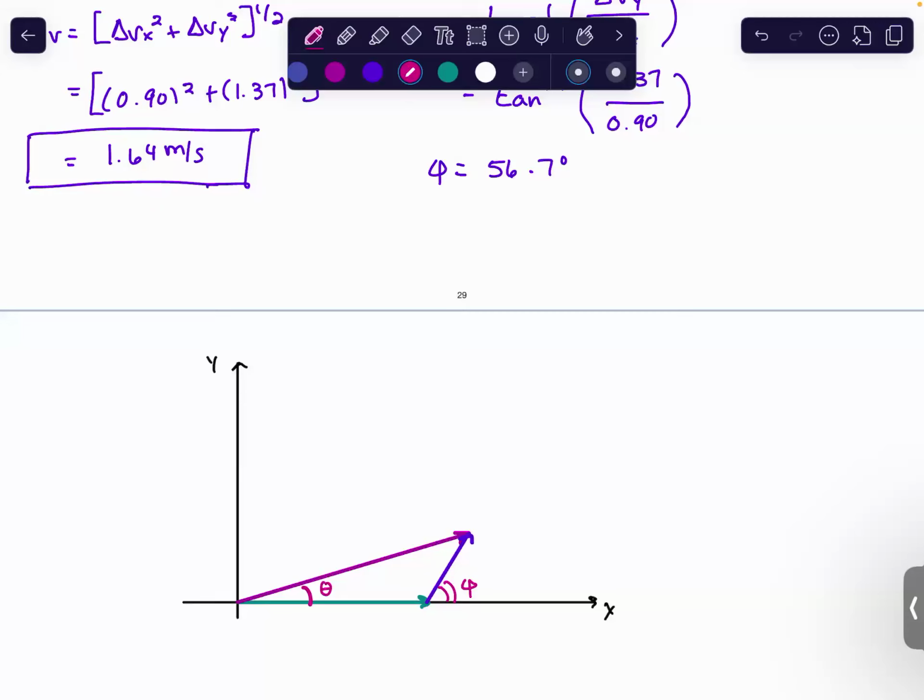That's the angle you just found. That's your phi. So that would be our corrected set of vectors based off the calculations that we did.